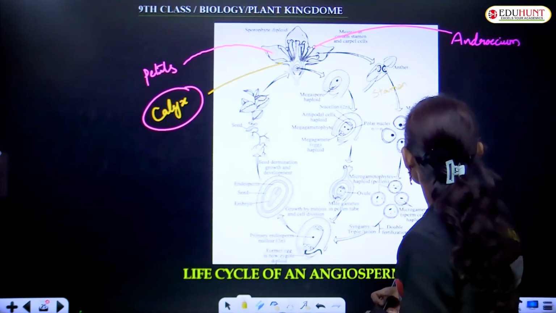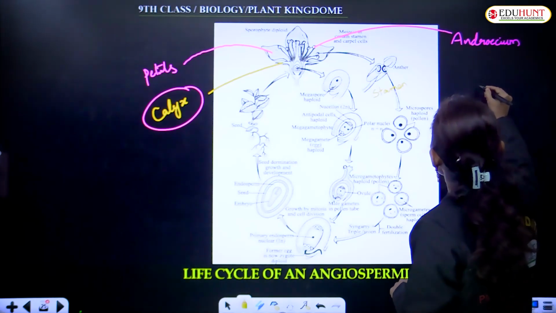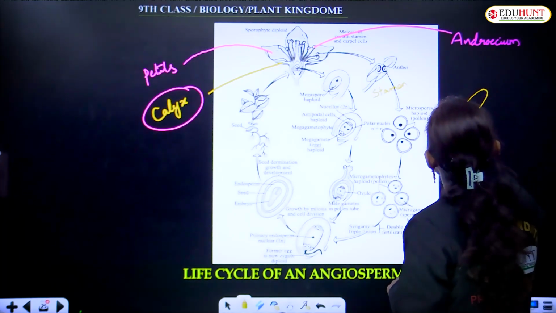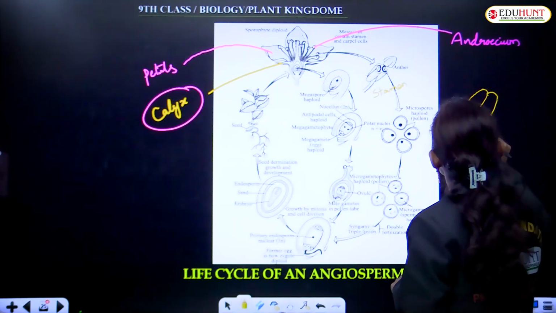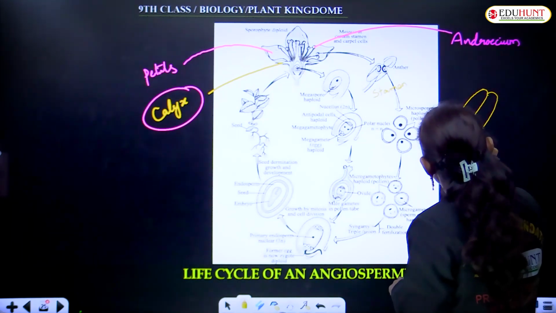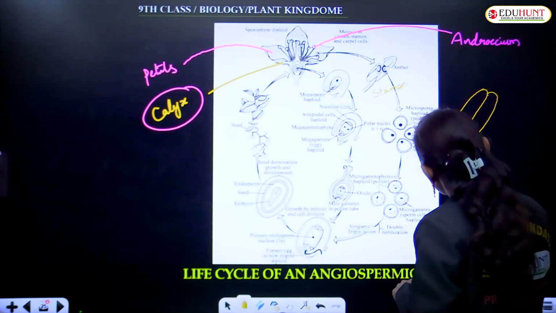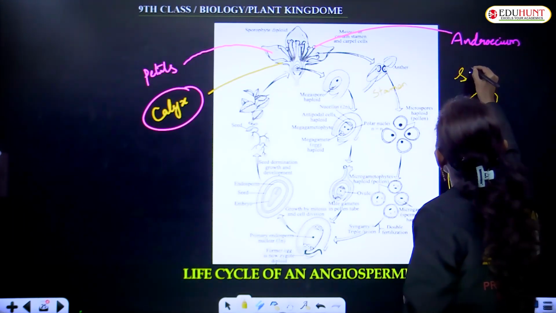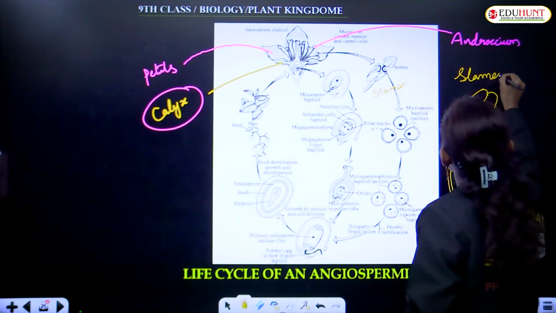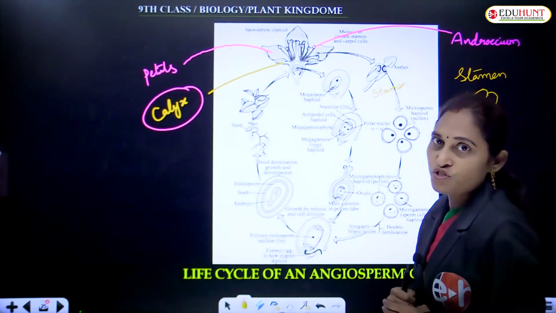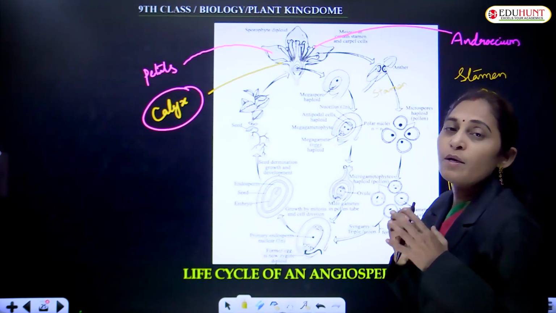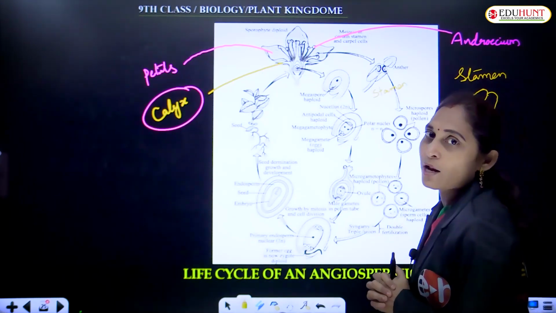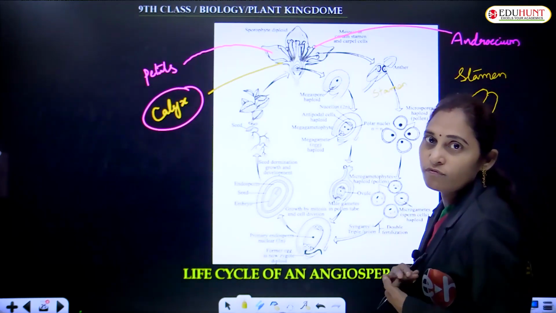I'll draw the stamen clearly. This is the stamen, and this stamen is the male reproductive organ. It consists of two parts.